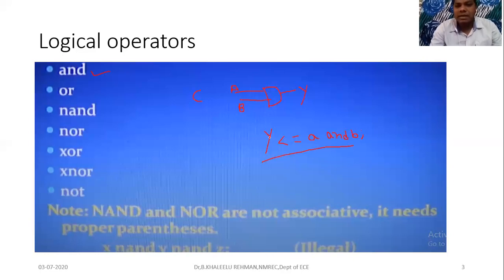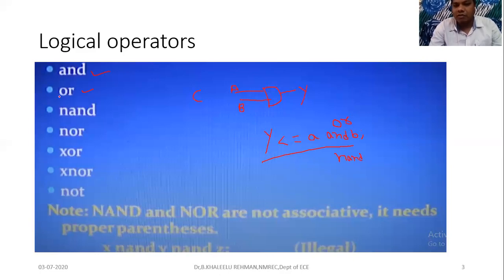Similarly, for OR, instead of AND, you simply use OR for the logical OR operation. This is a VHDL code. Then for NAND, we use nand instead of and, and then we have nor.